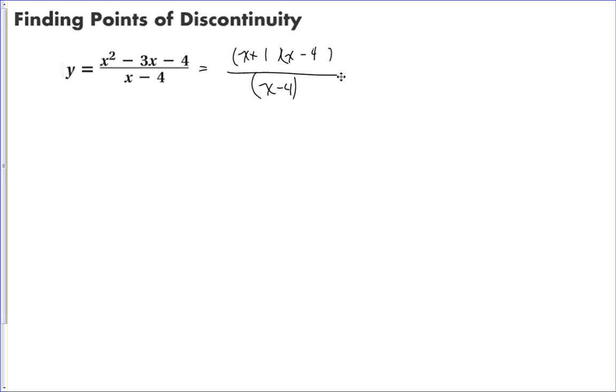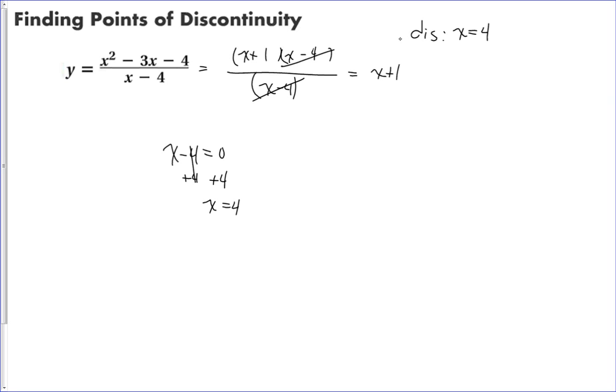So now we take the denominator, x minus 4, set it equal to 0, add the 4, so x equals 4. All right, so we know we have a discontinuity of some kind at x equals 4. But now if you look, we can cancel this x minus 4 with this x minus 4, leaving us just x plus 1.